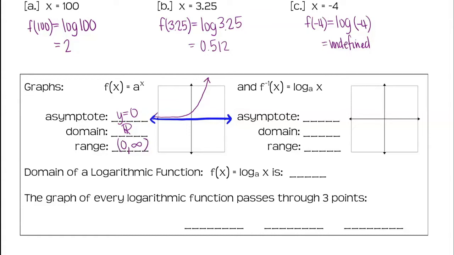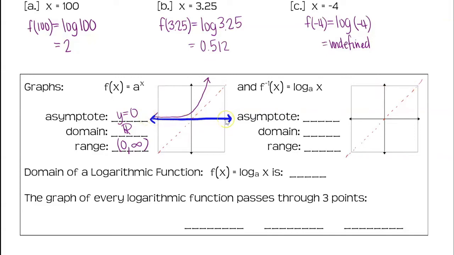So if we're looking at the inverse of that, we can reflect this in the line y = x. Obviously I'm not imagining, I'm drawing, sorry. If I sketch in the line y = x, what's going to happen to that horizontal asymptote?